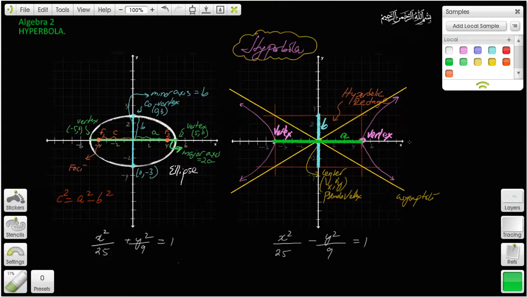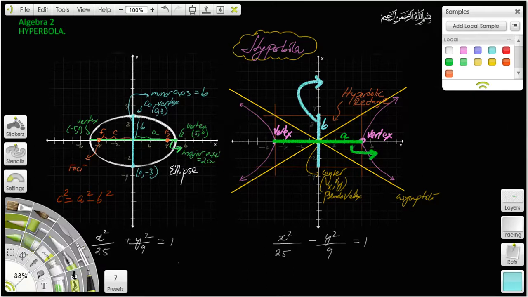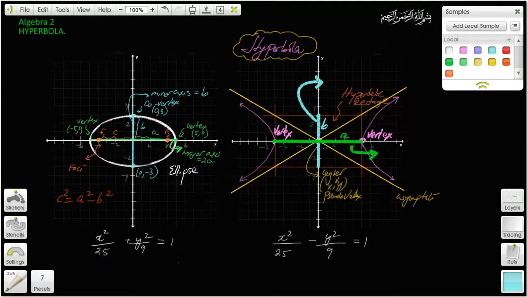Now, it does help to not know these, because there are a lot of terms here. But they're not bad. We can do it. So this length, which is 2 times A, is called the transverse axis.